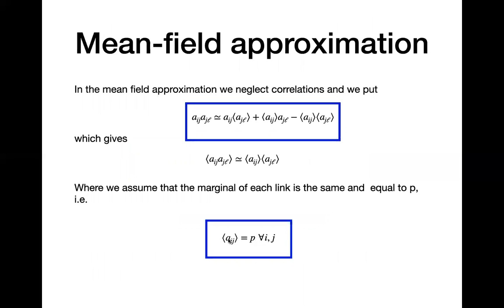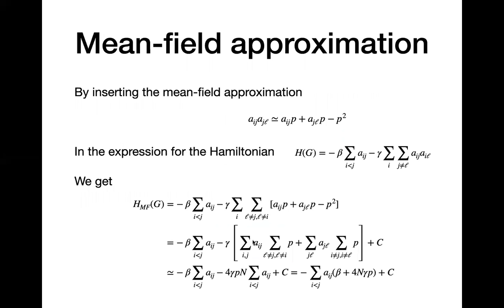Okay, so every pair of nodes will have on average the same probability to be connected. It's a bit like in a random graph, you know. But as we will see, this probability satisfies an equation which allows us to find, in some region of the space, two solutions. So you don't have only one solution, but you have two solutions.